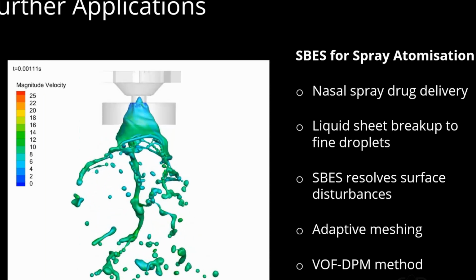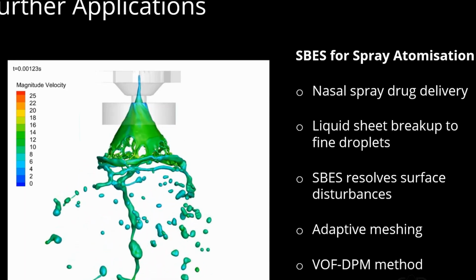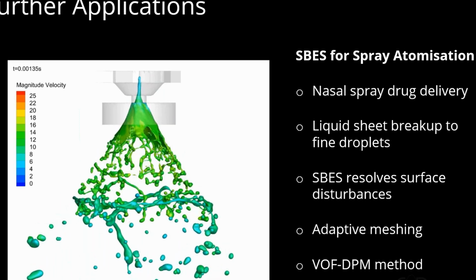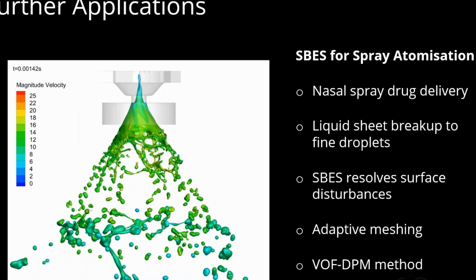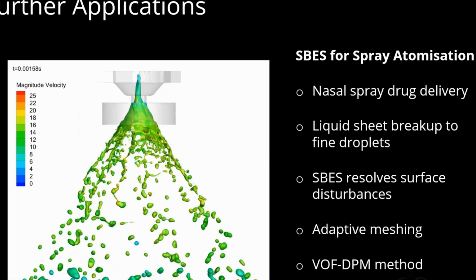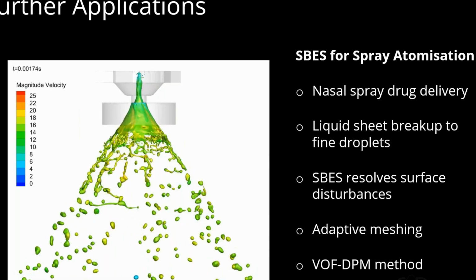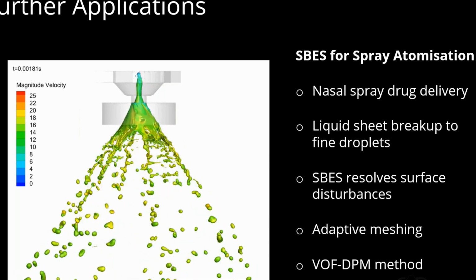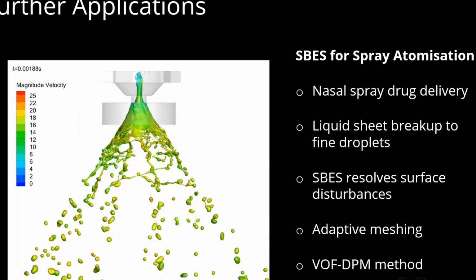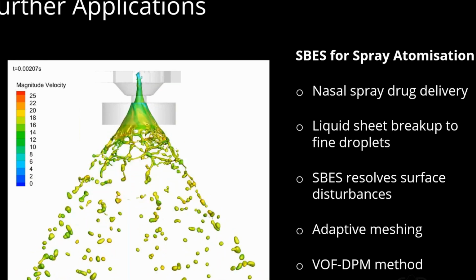The SBES resolves the surface disturbances that occur on the liquid sheet, and that liquid sheet then continues to break up. We use adaptive meshing to capture the smaller and smaller liquid droplets or liquid ligaments that turn into droplets. And this is also helped by the polymer fluid DPM method.